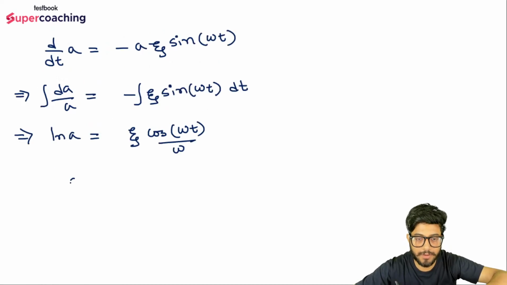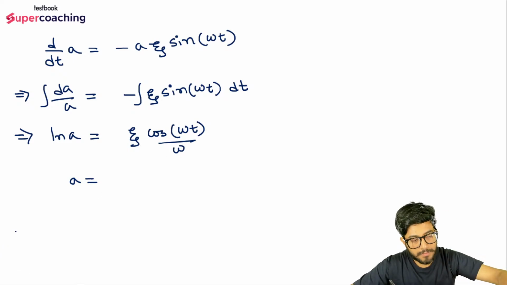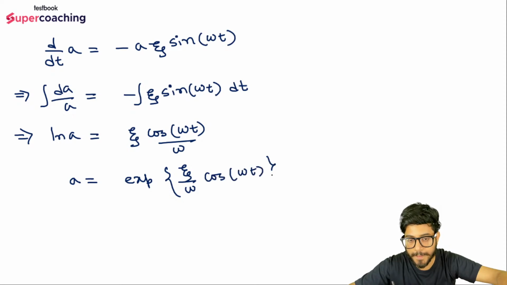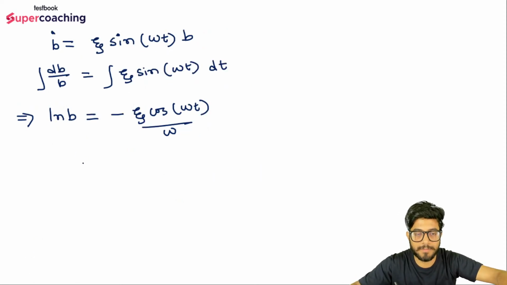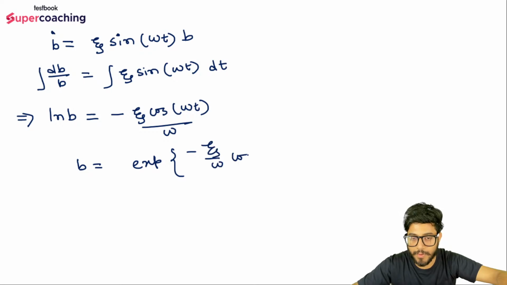So I know that the value of A can be written in a different way for this case. I can write the value of A as exponential of zeta by omega into cos omega t. And here I can write B as exponential of minus zeta by omega into cos of omega t.